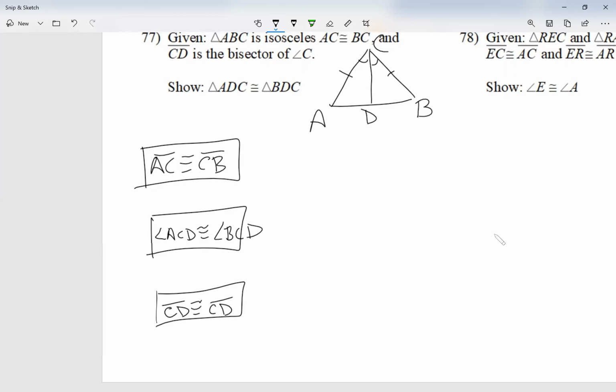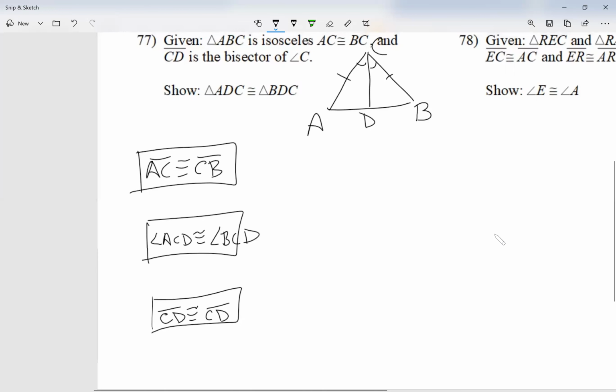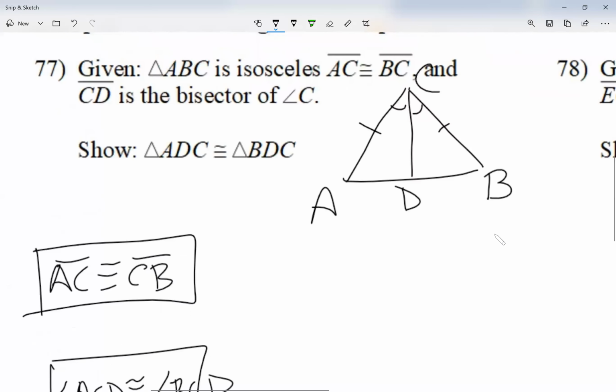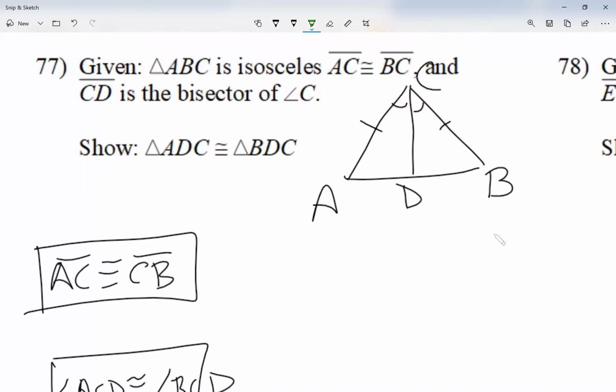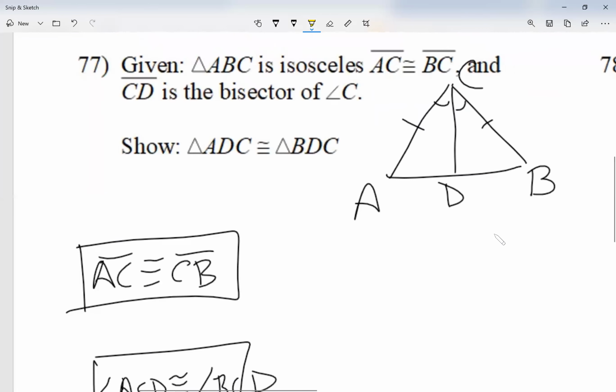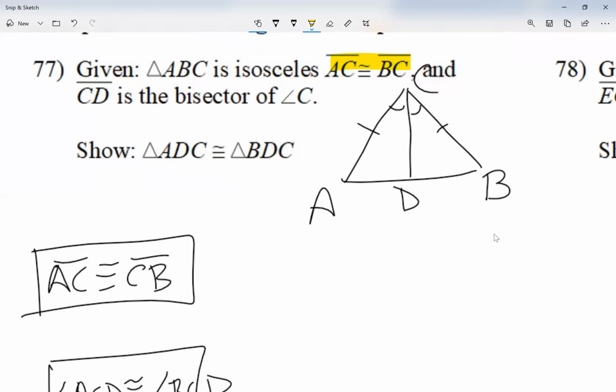Now, under each of these, I have to say, why is that true? Okay, so let's take a look. That statement, AC is congruent to CB, right? BC, CB is the same side. Now that was given, so I'm going to say my reason, let me write it at the bottom.